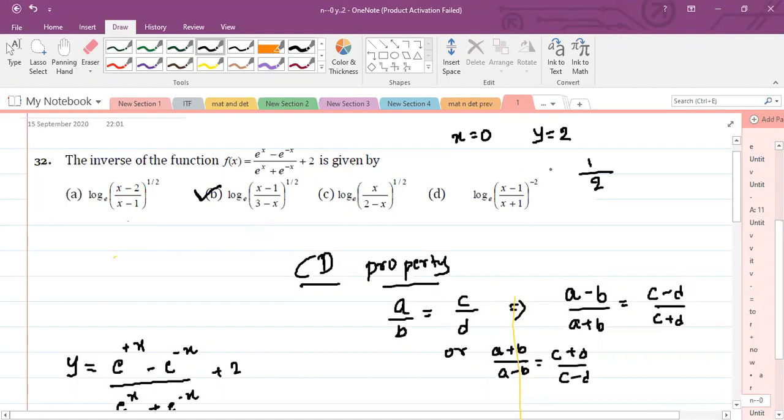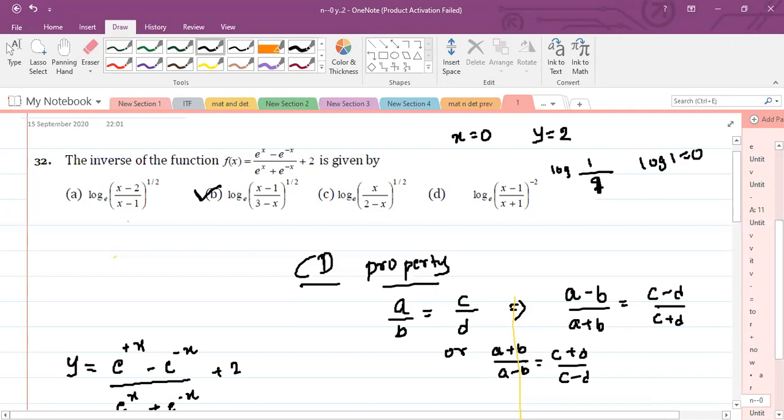Therefore, it is log 1, so log of 1 raised to 1 by 2 means log 1. Log 1 is equal to 0.